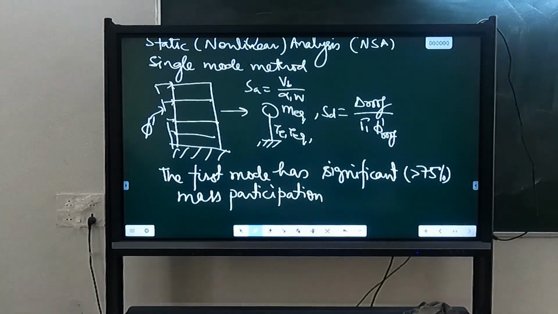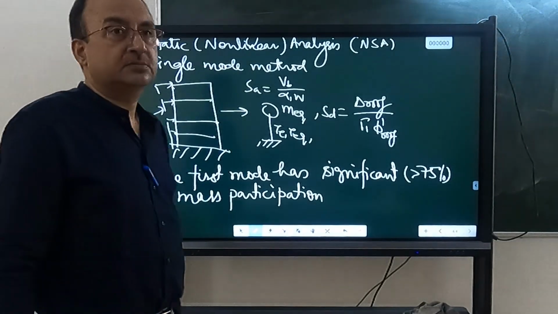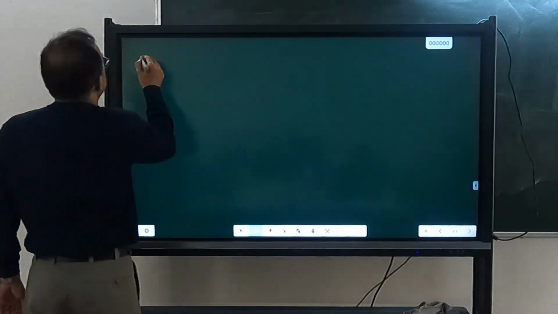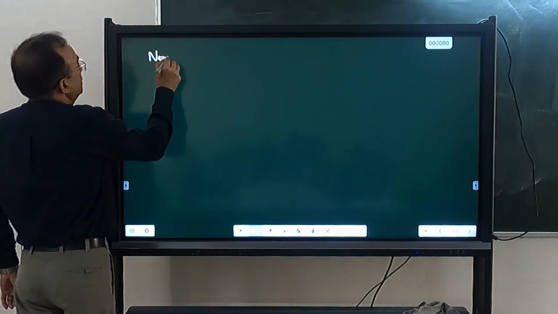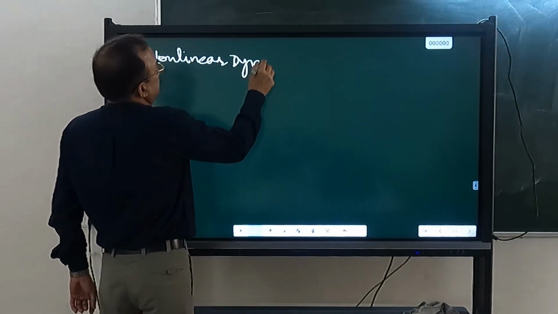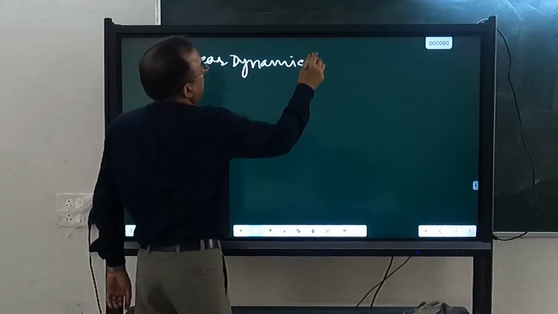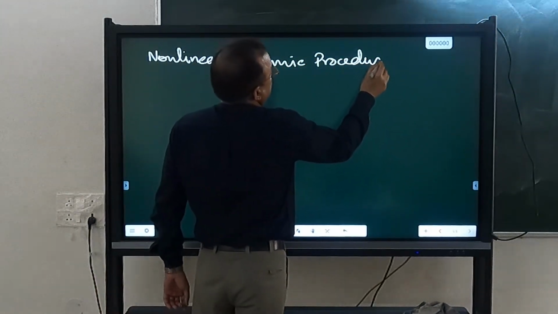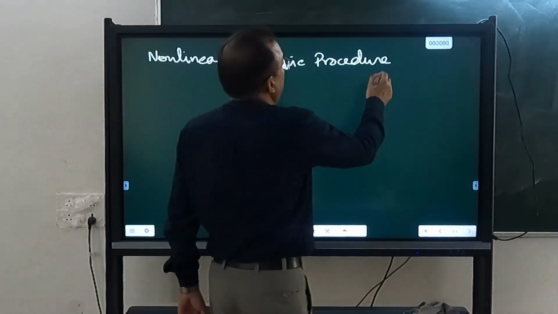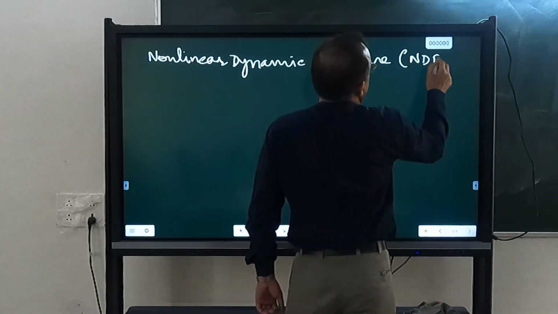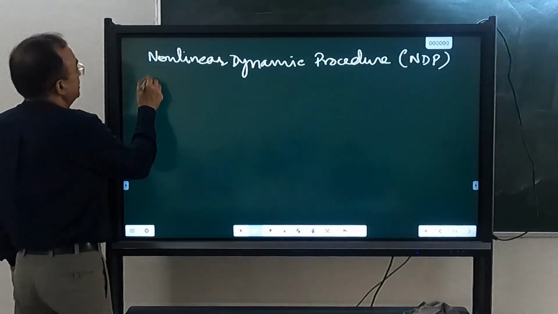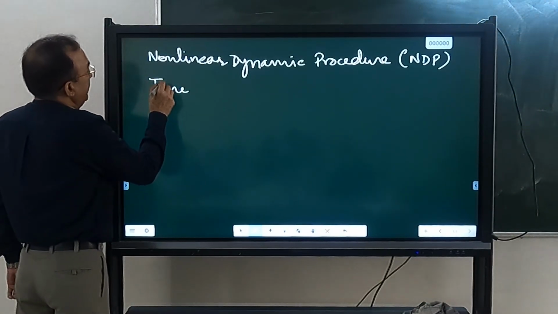In that case, what do we have to do? We have to go for the nonlinear dynamic procedure, NDP or NDA, nonlinear dynamic analysis. This is time history analysis.